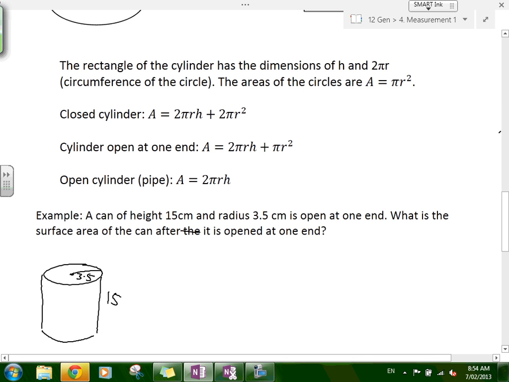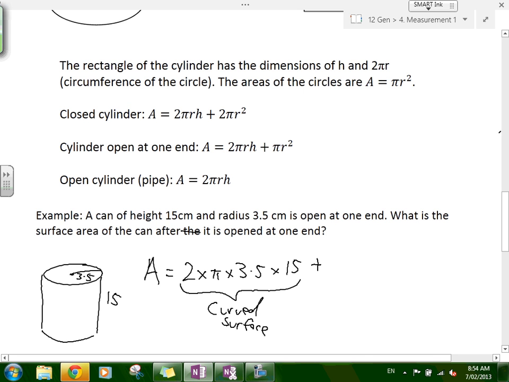Okay, so the surface area, firstly, is the curved surface, which is 2 pi r h, so it's 2 times pi times the radius, which is 3.5, times the height, which is 15. Okay, that's the curved surface. Then for the next section, we don't have both ends on the can, we just have one end. So we just need pi r squared.